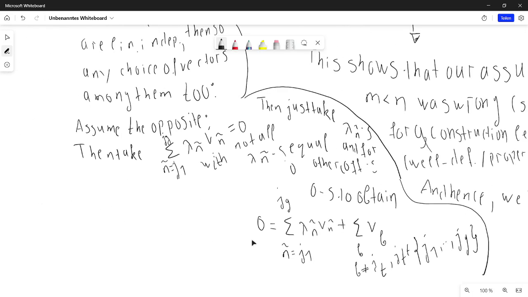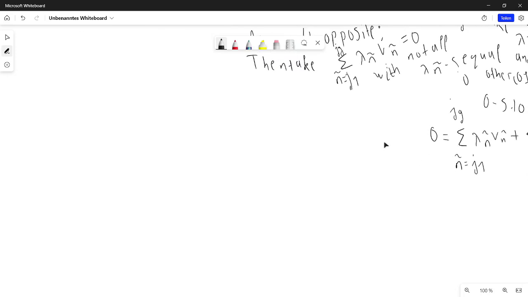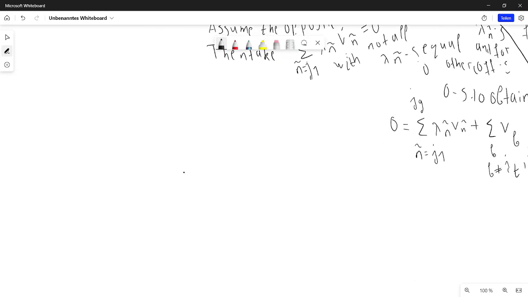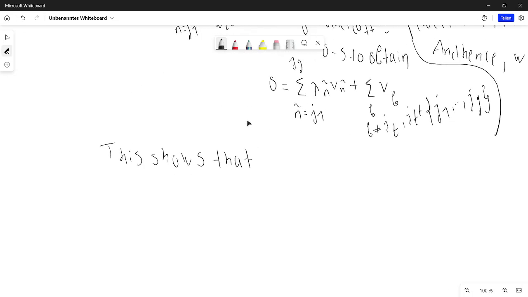Yeah, so the proof is finished, and this shows that the concept of dimension is actually well defined. Whenever we have a finite dimensional vector space, the number of elements in two finite bases of the space is the same.